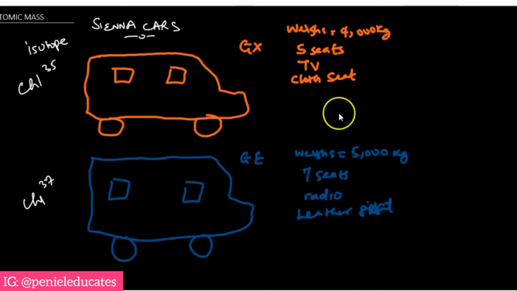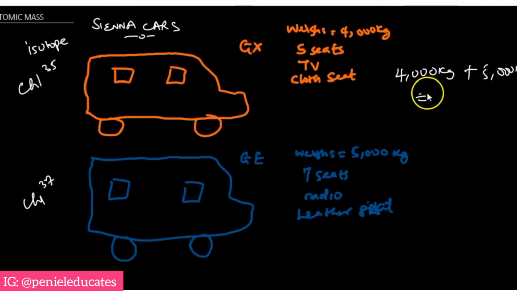If you want to calculate the normal average weight of these two cars, we just do this: 4,000 kilograms, plus this 5,000 kilograms.